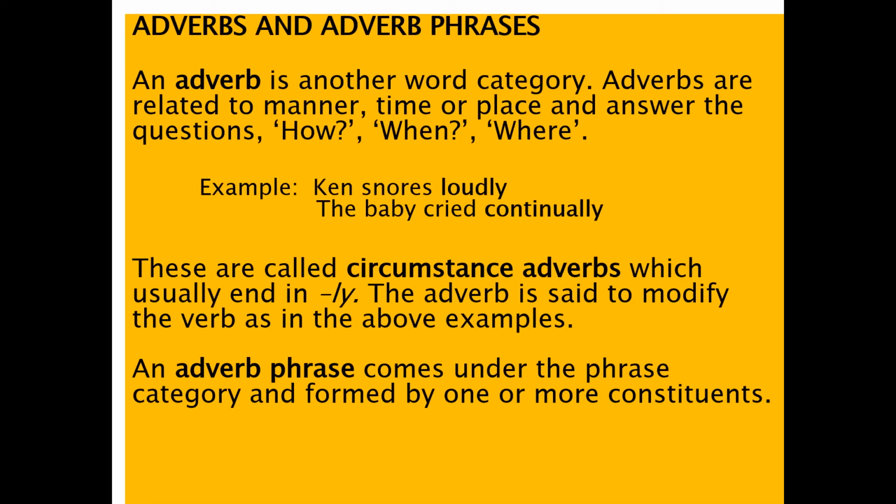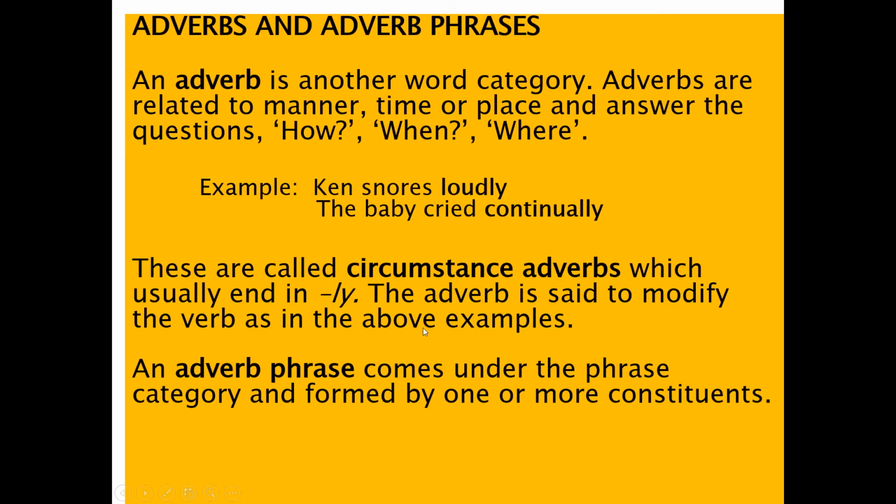When did the baby cry? Continually, frequently, all the time. So continually and loudly both modify or describe the verb snores, and continually describes the verb cried. So these are called circumstance adverbs or circumstantial adverbs, which usually end in ly.